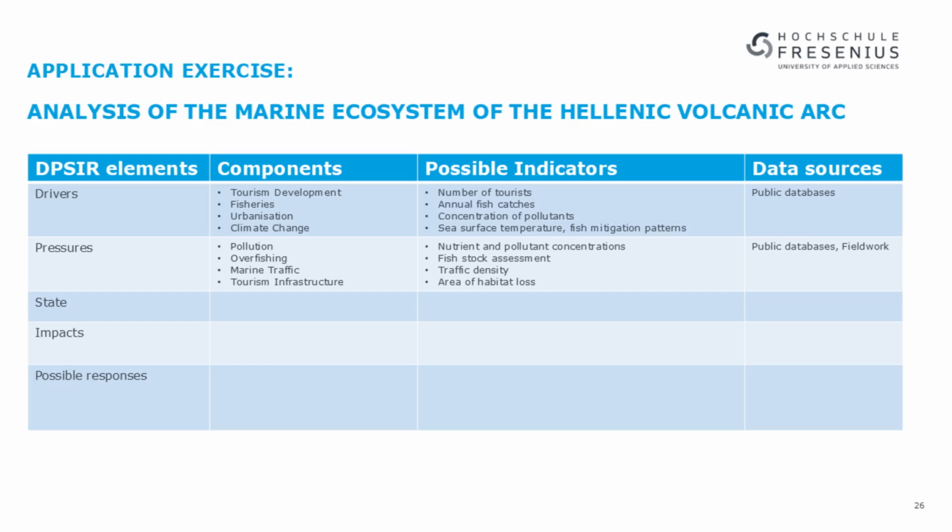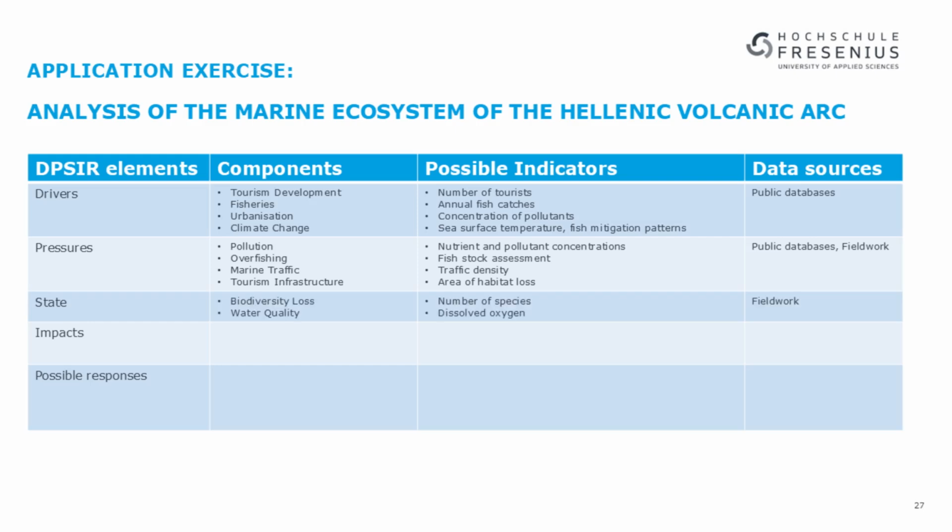Intense fishing activities deplete fish stocks and disrupt trophic structures within the marine ecosystem. And increased marine traffic, including ferries and cruise ships, contributes to risk of oil spills, noise pollution, and physical damage to sensitive marine habitats. The construction of hotels, marinas, and other tourism infrastructure can lead to coastal habitat destruction.